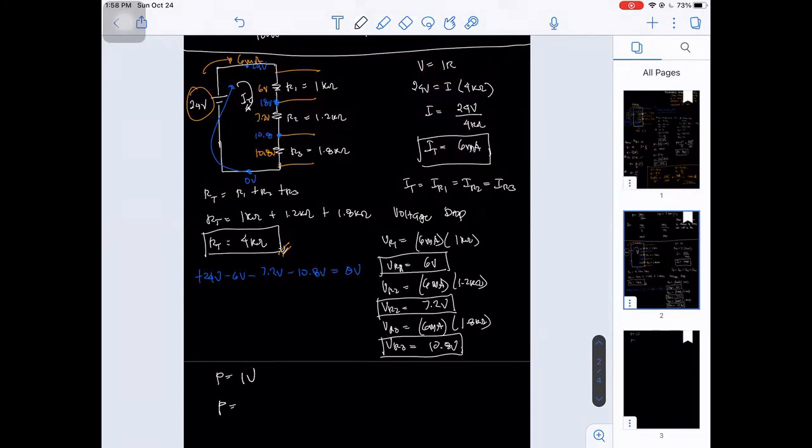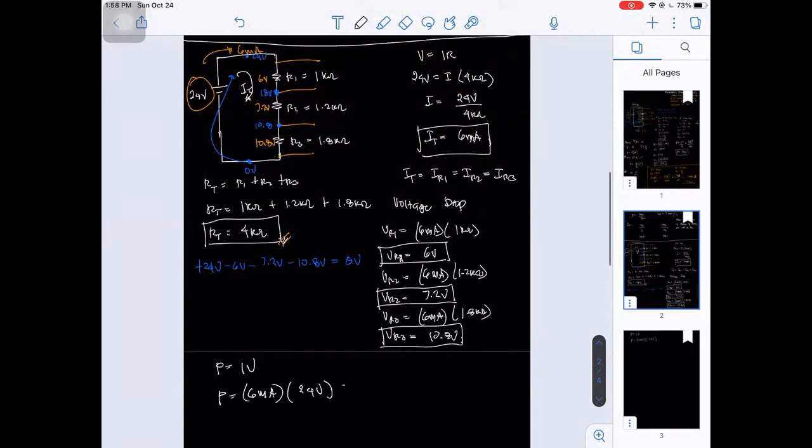So we have 6 milliampere multiplied by the total voltage, which is 24 volts. So that is equivalent to 144 milliwatts. Let's try to compute this in the calculator. 6 milliampere times 24. Yes, it is equivalent to 144 milliwatts.